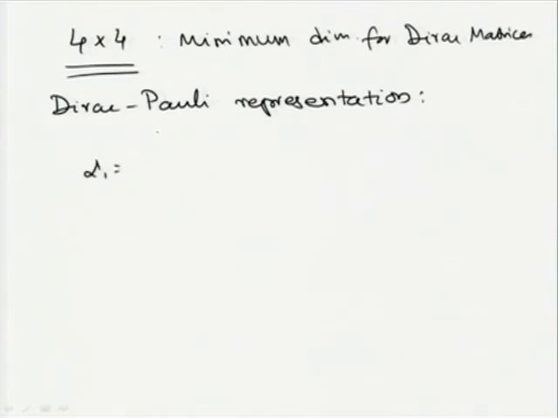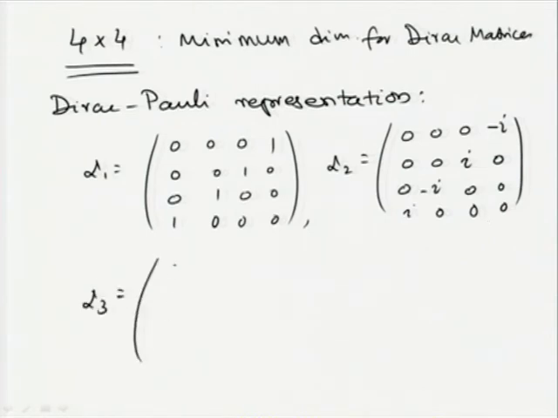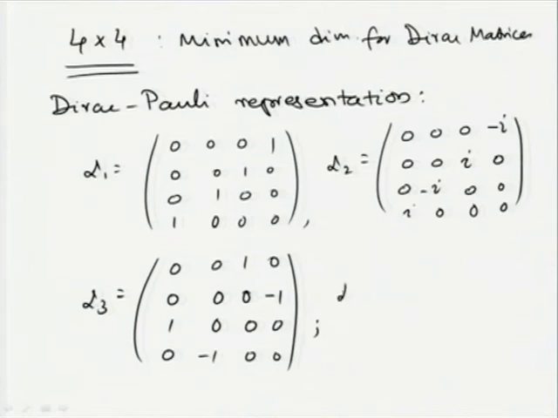This is alpha 1 is 0 0 0 1, 0 0 1 0, 0 1 0 0, 1 0 0 0; alpha 2, with entries 0 and minus i; alpha 3 equal to 0 0 1 0, 0 0 0 minus 1, 1 0 0 0, 0 minus 1 0 0; and beta equal to 1 0 0 0, 0 1 0 0, 0 0 minus 1 0, 0 0 0 minus 1.